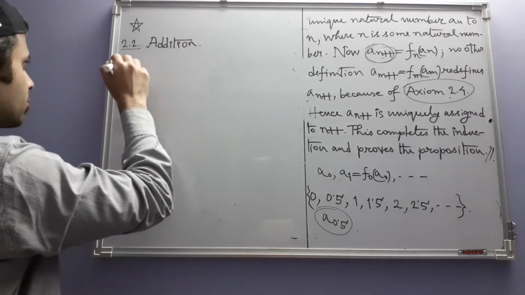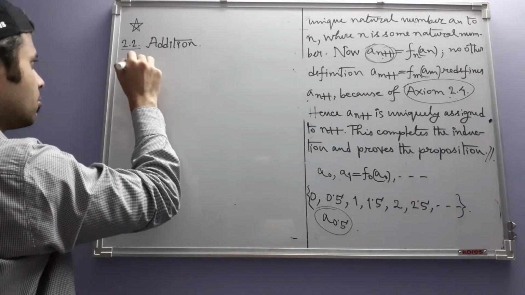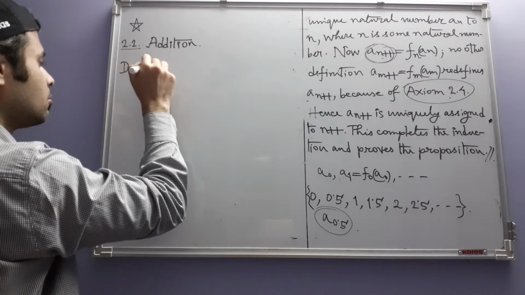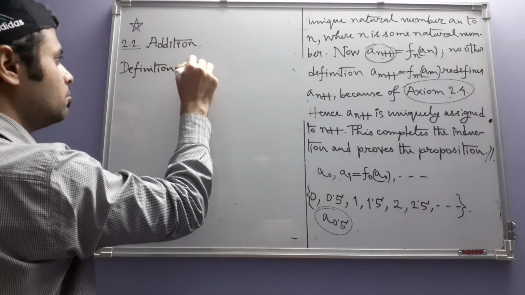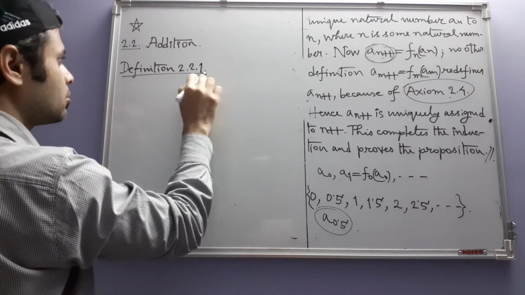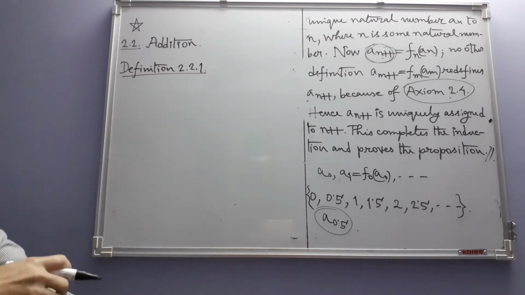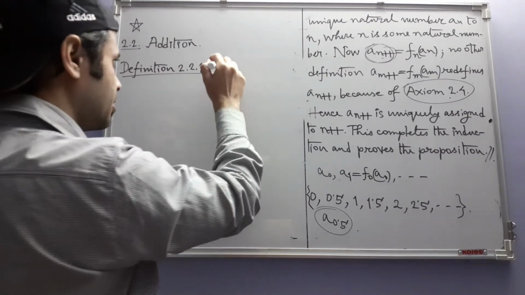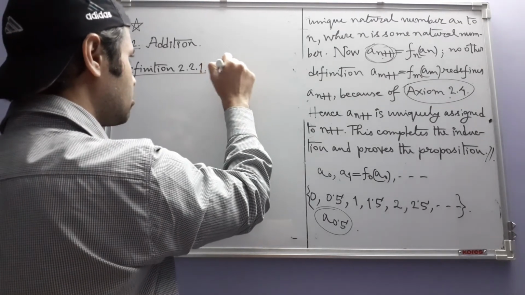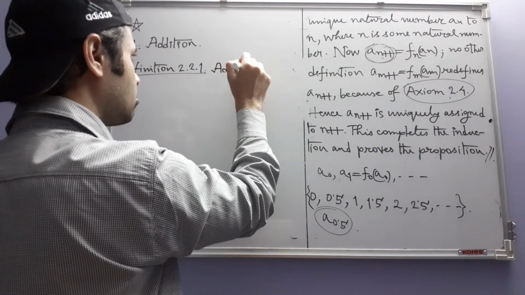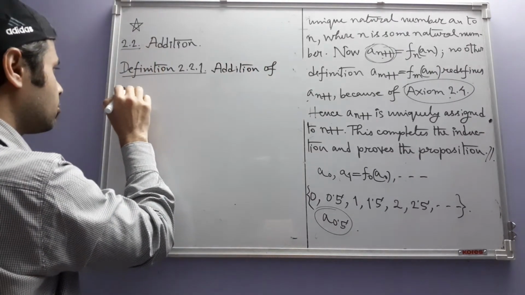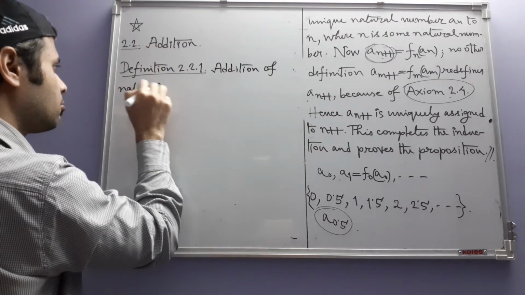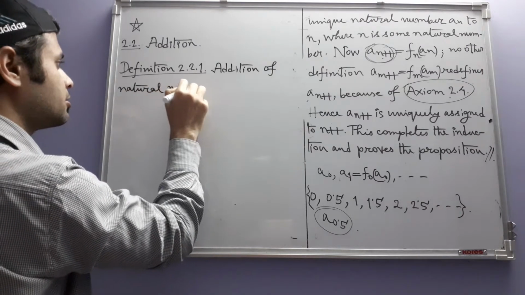And this is definition 2.2.1, so I have to follow the numbering also. Its name is addition of natural numbers.